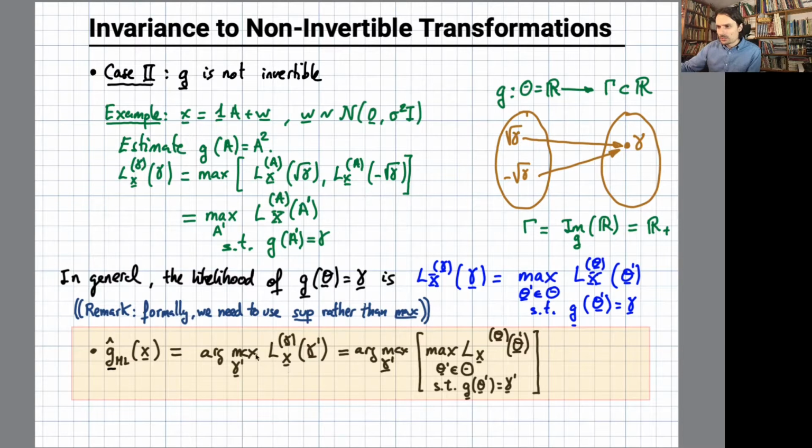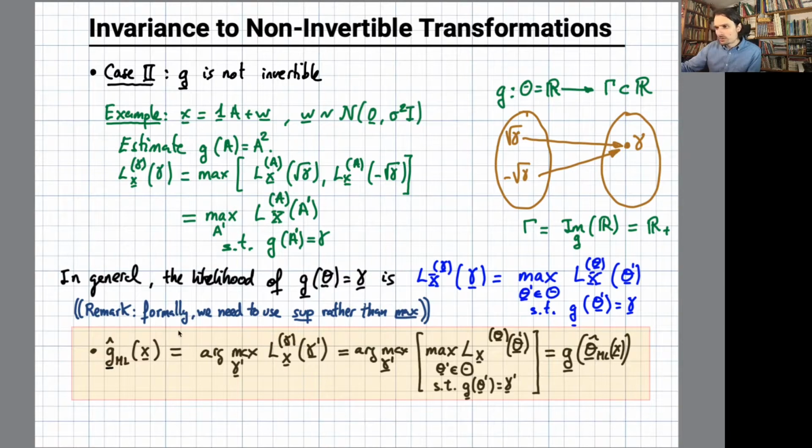Okay. So in this case, we have to maximize this likelihood function of gamma, right, which is given by this expression here. I just substituted this here. And by applying the same optimization facts as in the previous slide, one can easily conclude that this just yields G of the maximum likelihood estimator of theta, right?